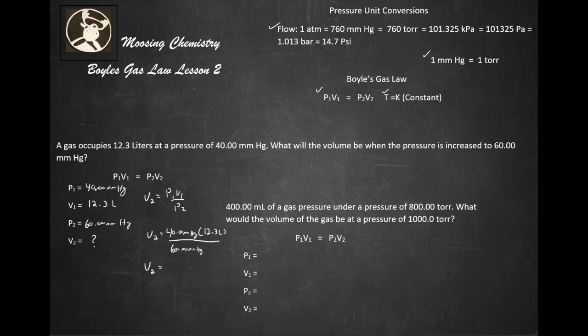So let's go ahead and do that. 40 times 12.3 divided by 60 gives me 8.2 liters.